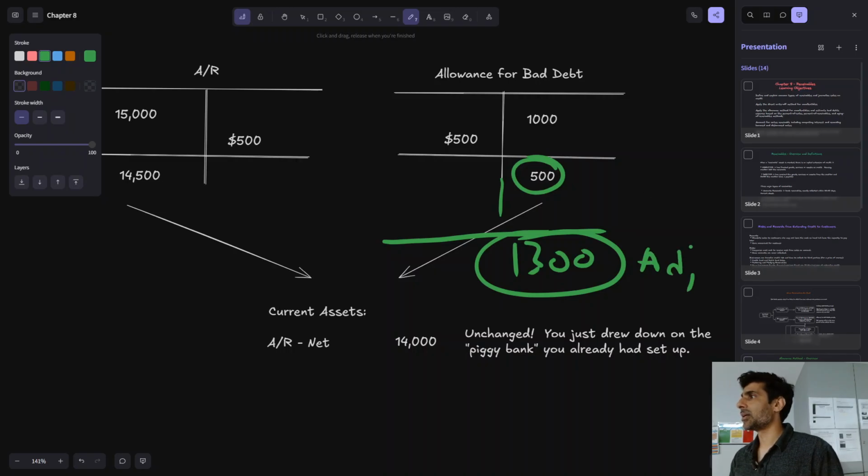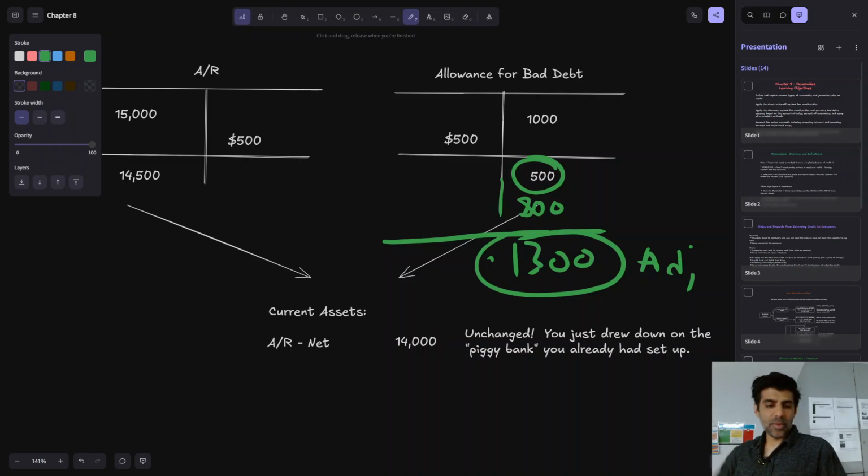What do I need to do? Plus, no, 700. Oh, wait, 800. You need an 800 credit, right? Yes. And so that would mean I would take a bad debt expense 800, credit allowance for bad debt 800. And that would give me this piggy bank at the end of the year.